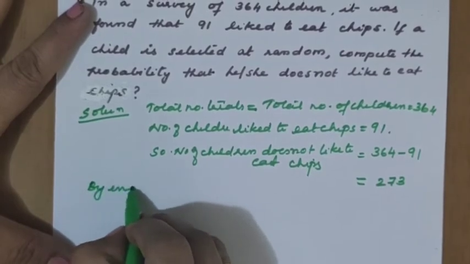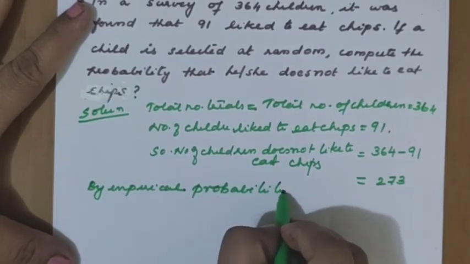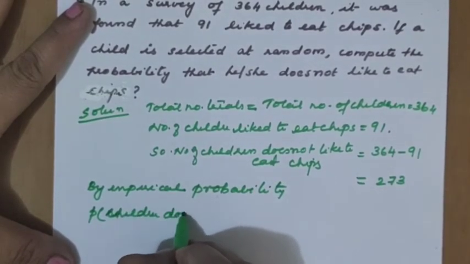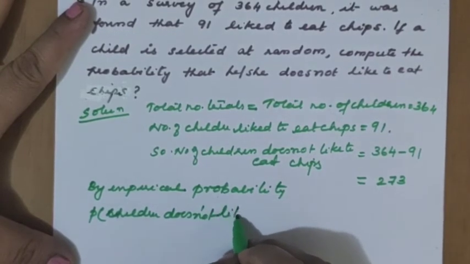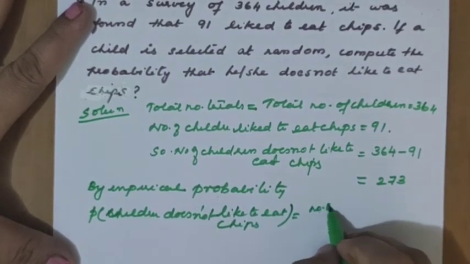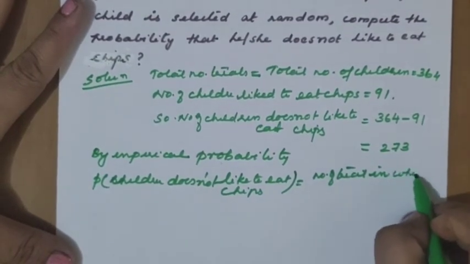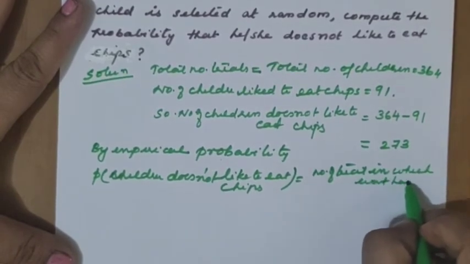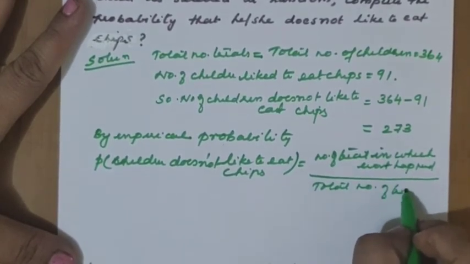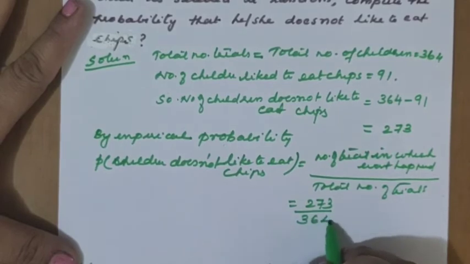By empirical probability, P of children who do not like to eat chips equal to number of trials in which the event happened, divided by total number of trials, equal to 273 divided by 364.